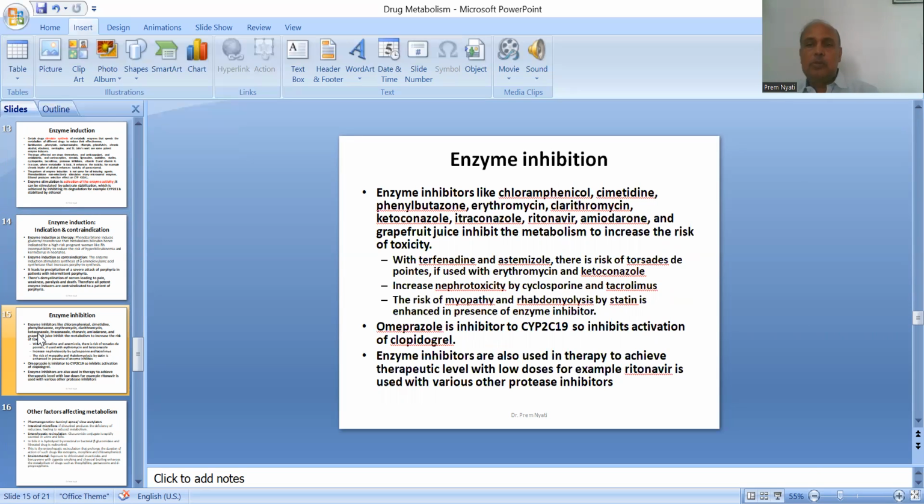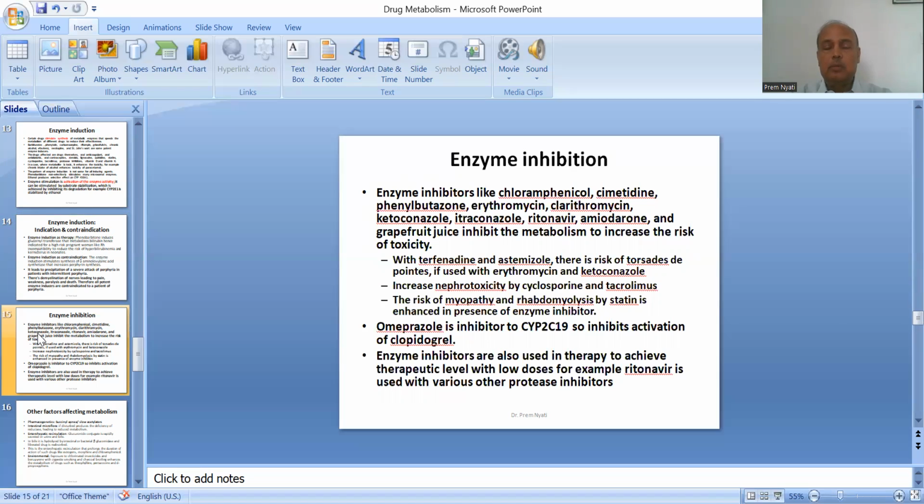Just as we have seen the enzyme induction, there are drugs which can inhibit the enzyme synthesis. So enzyme inhibitors like chloramphenicol, cimetidine, phenylbutazone, erythromycin, clarithromycin, ketoconazole, itraconazole, ritonavir, and grapefruit juice, they all inhibit the metabolism and they can increase the risk of toxicity.